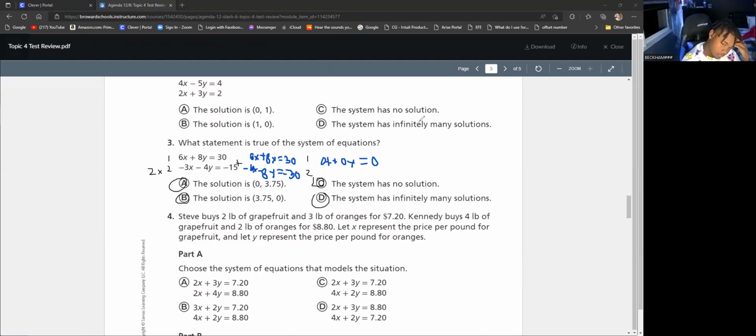Which two of those four can we eliminate right off the bat? Is the answer no solution? Why do you say that? These two. It can't be those two. Why can't it be those two?